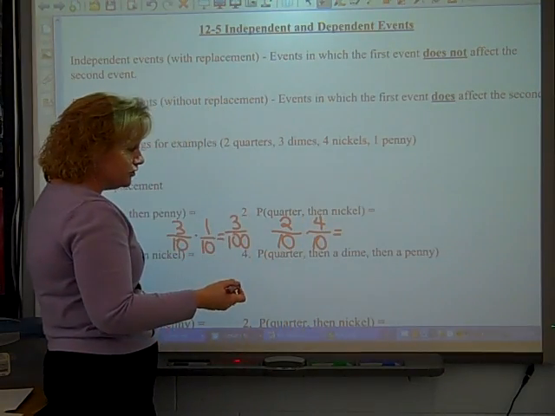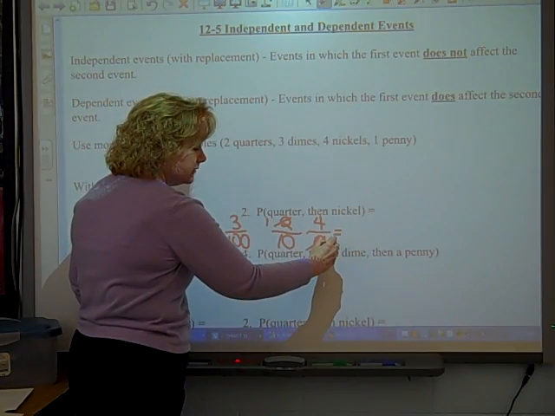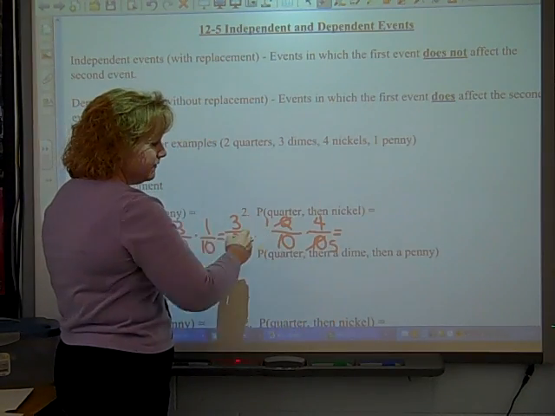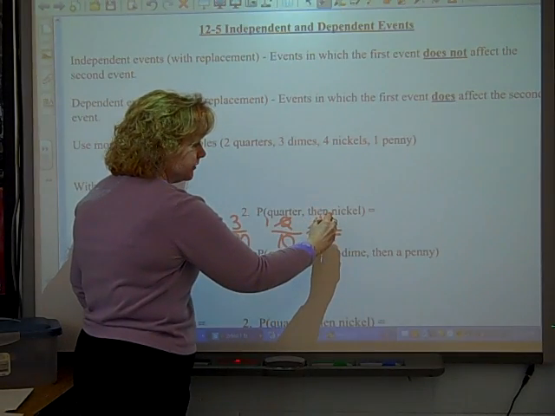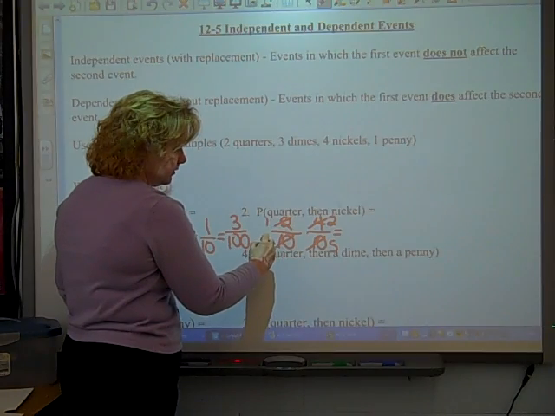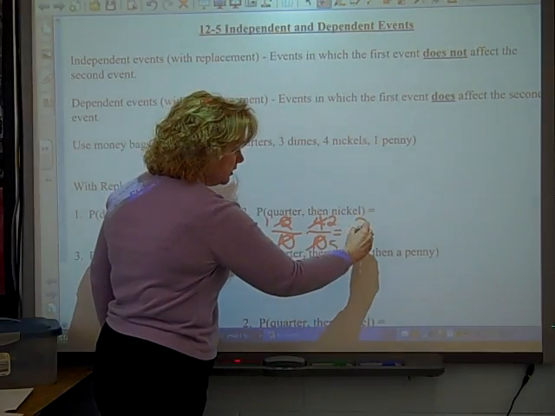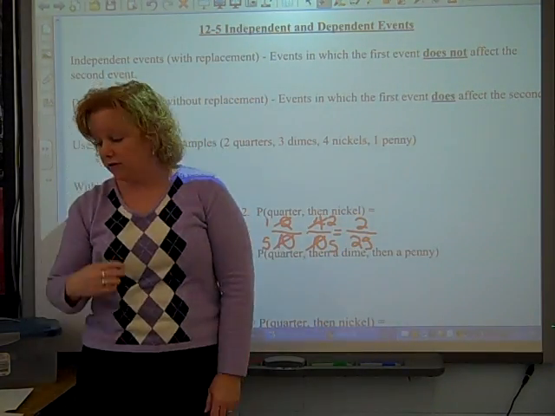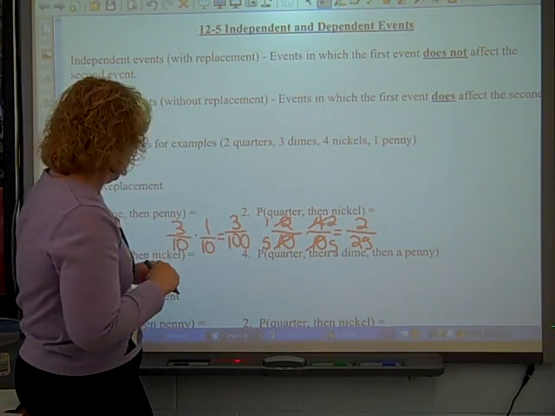Now I probably reduce within my problem. 2 goes into 4 how many times? 2. And 2 goes into 10 how many times? 5. Okay, now multiply across. What's 1 times 2? 2. What's 5 times 5? 25. So you have a 2/25 chance or probability of both of those events occurring. Okay?